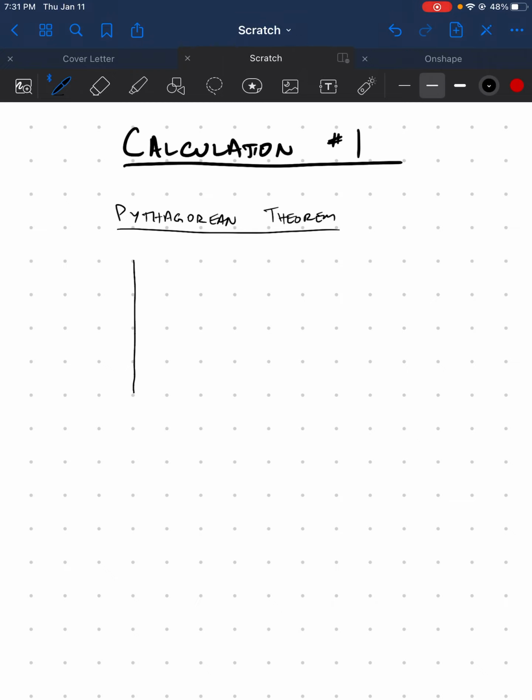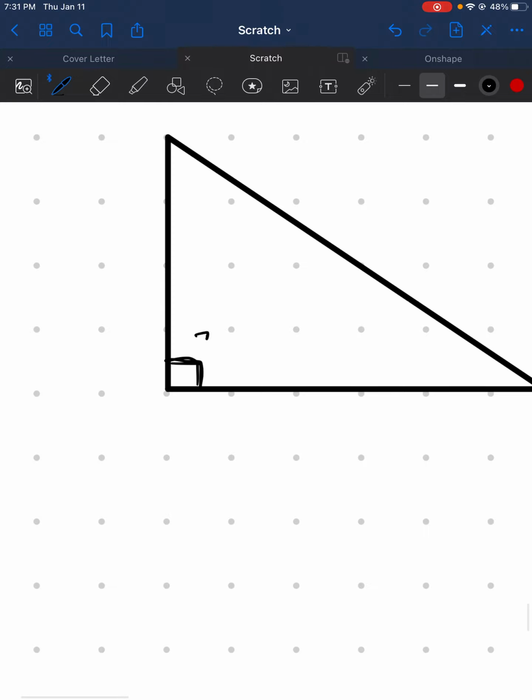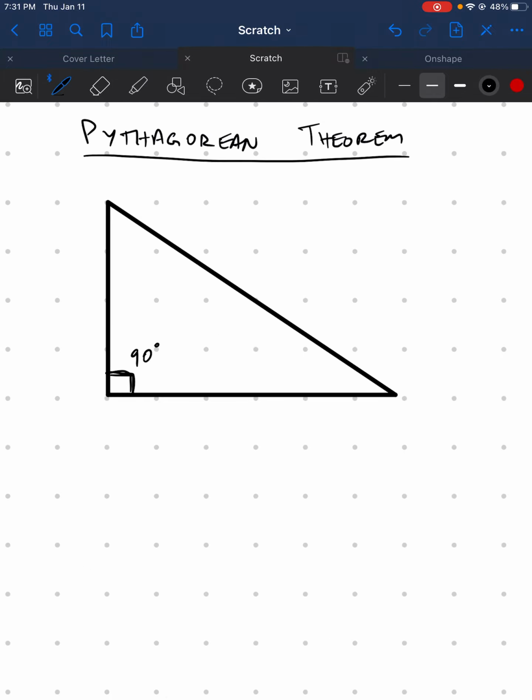So any right triangle, when I say right triangle, I mean one of the angles here is 90 degrees. You can't have more than one of these be 90 degrees. That doesn't make a triangle. But as long as one of these is 90 degrees, then that's a right triangle.